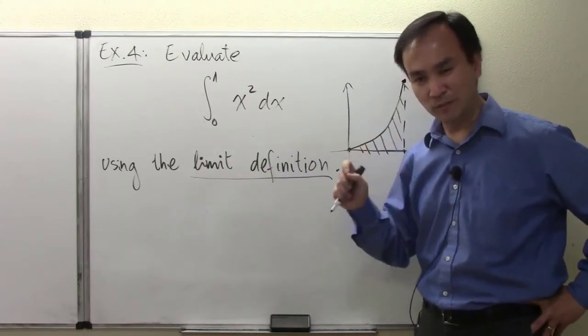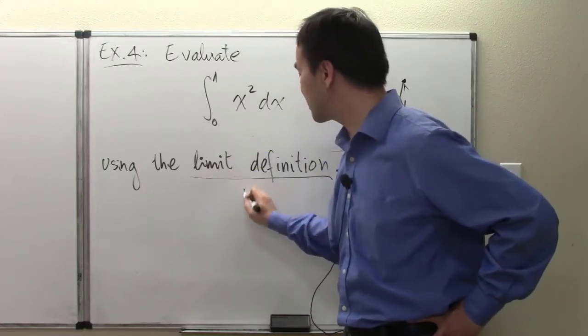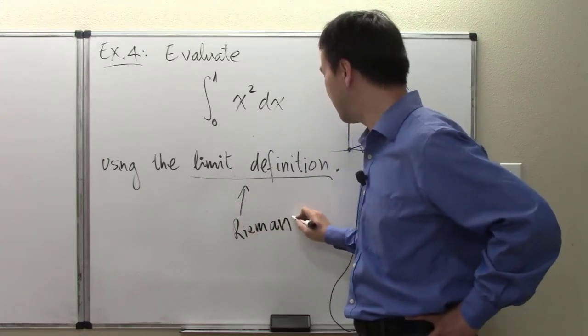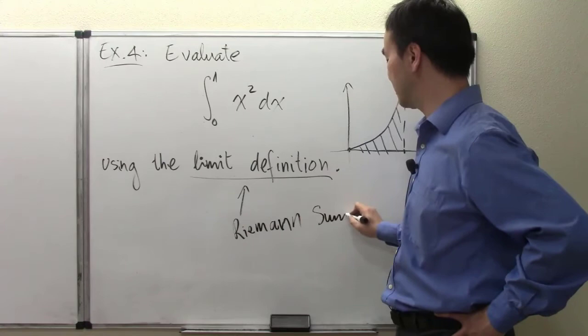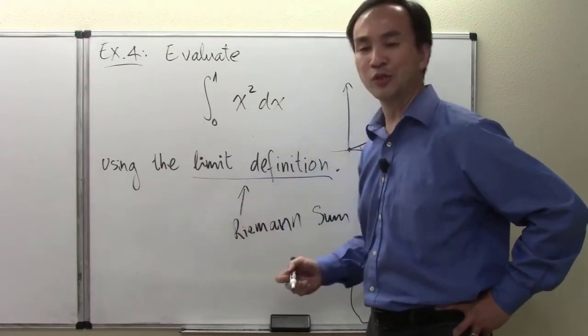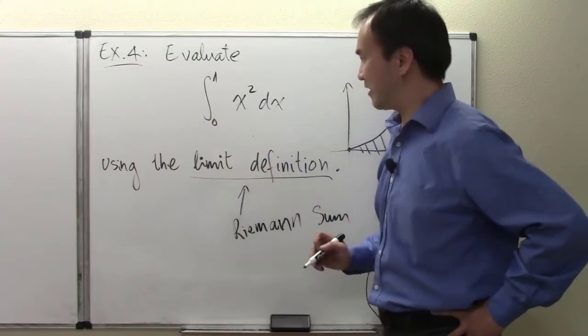And so ultimately, this limit definition here refers to the Riemann sum, okay? That famous Riemann sum: setting up the Riemann sum work, and then taking the limit as the number of subintervals increases to positive infinity. And that's what the limit definition is.